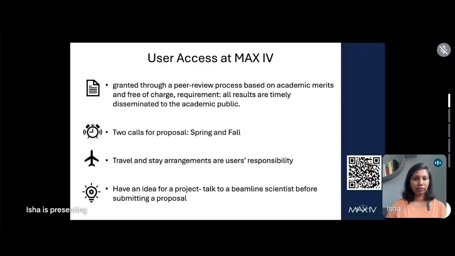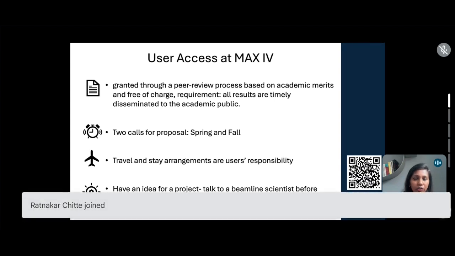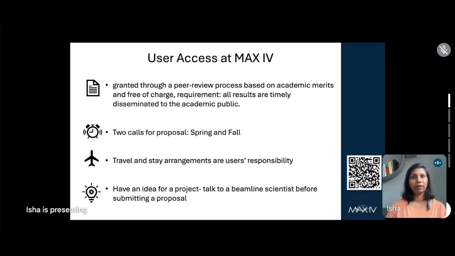Most of the beamlines usually have 2 cycles of calls, but I'm not sure. Some can be open throughout the year. You can submit a proposal anytime, but I think most of the synchrotrons will always shut down for 1 or 2 months so that they can do all the maintenance work. That's why the calls for proposals are divided into spring and fall.